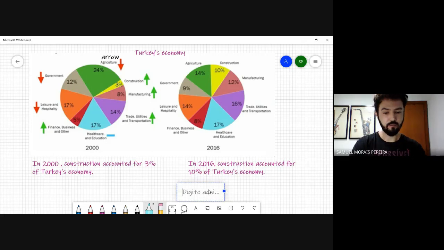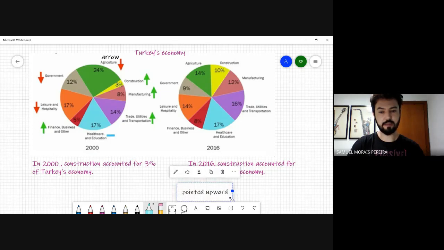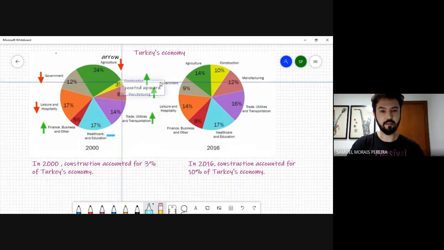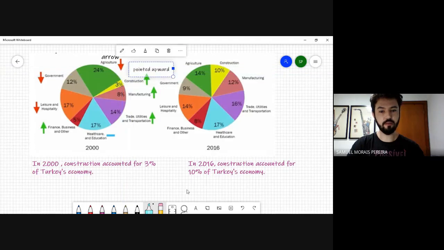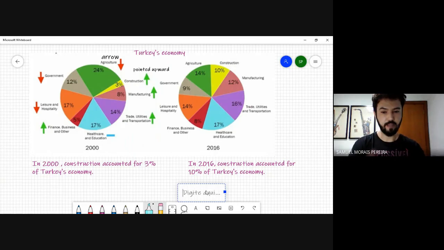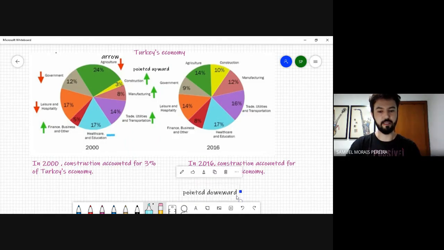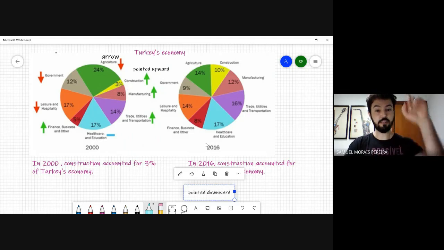Eu tenho uma seta pointed upward, que quer dizer apontada para cima. The green one is pointed upward. And I have another one, the red one. The red arrow is pointed downward. Downward quer dizer em direção para baixo, ao pé da letra, tá? E a outra, upward, em direção para cima.